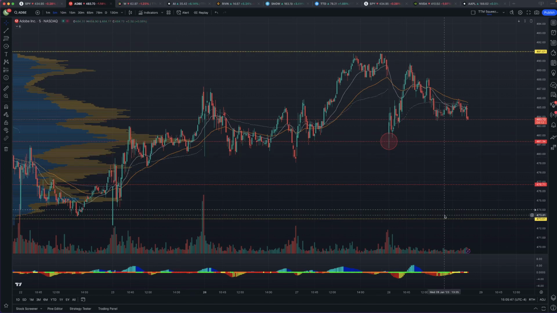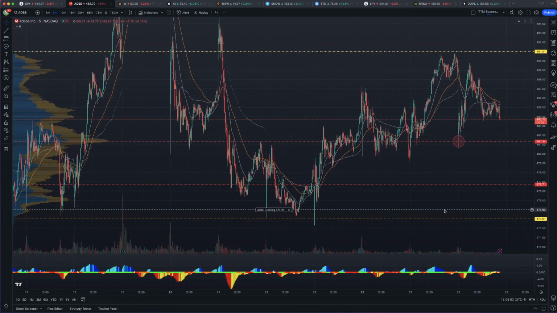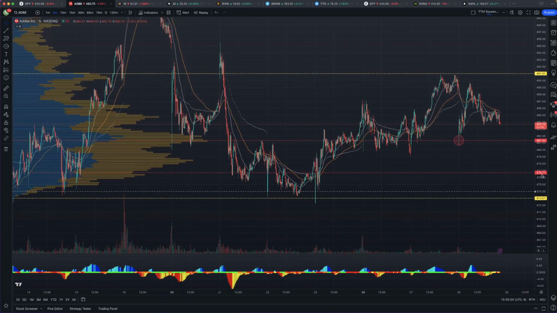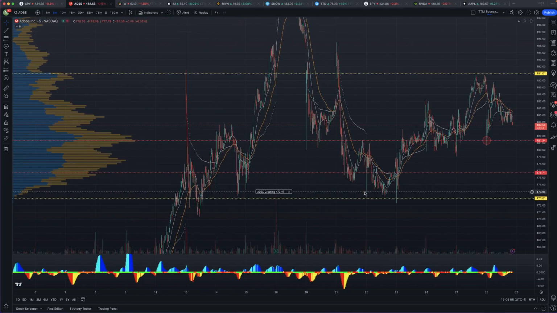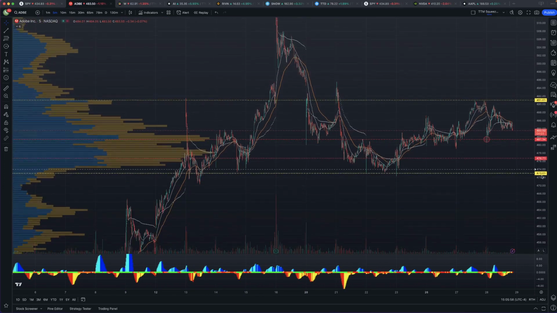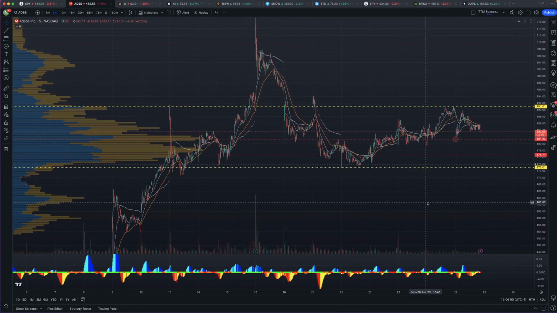Well, there's something I'm actually looking for, one other thing. Down here at support, the support level for this pattern. So let's keep backing it out. Right? Down here at 472, 473, that's my support level for this pattern.